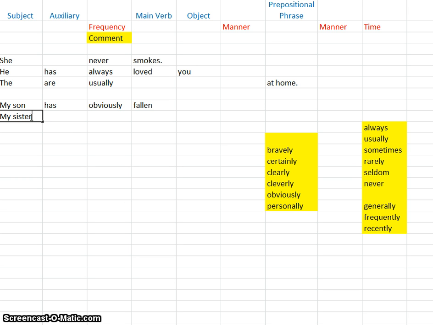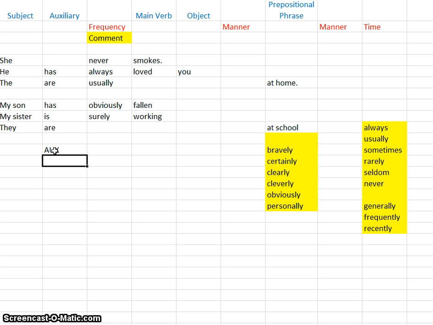If I say my sister, subject, is, auxiliary, working, my sister is working, but I want to make a comment that I think this is pretty sure that this is true, I can say my sister is surely working. If I say they, subject, are at school, they are at school, same thing with this be verb.